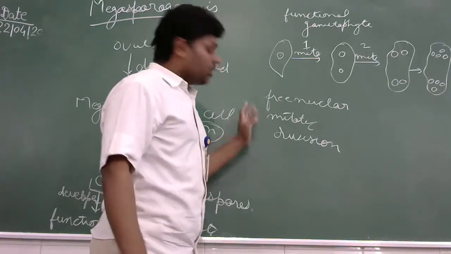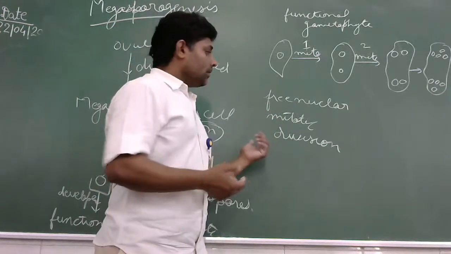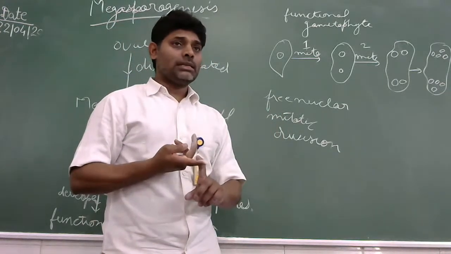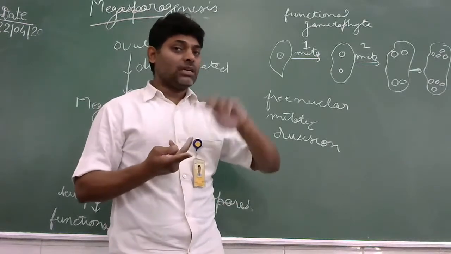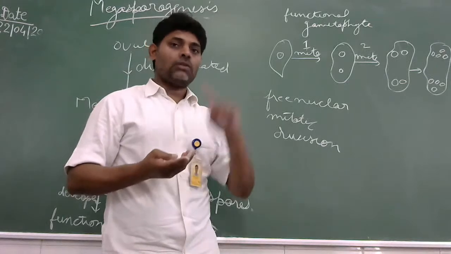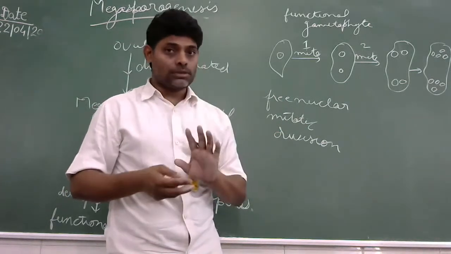What is free nuclear mitotic division? As we have studied in cell division, karyokinesis means division of the nucleus, and cytokinesis means division of the cytoplasm, and then the cell wall immediately forms.